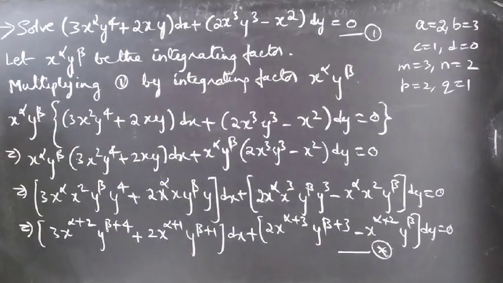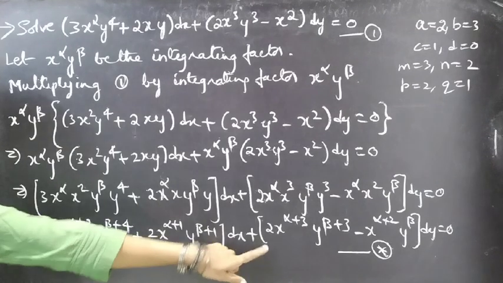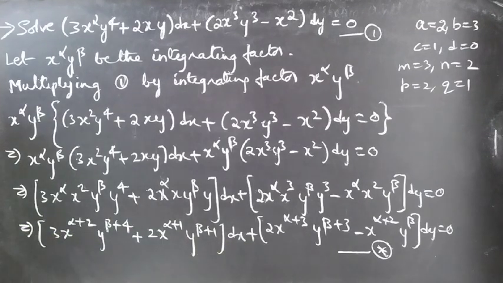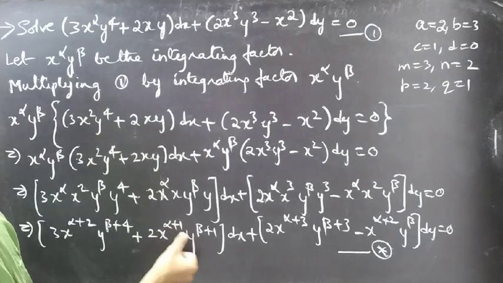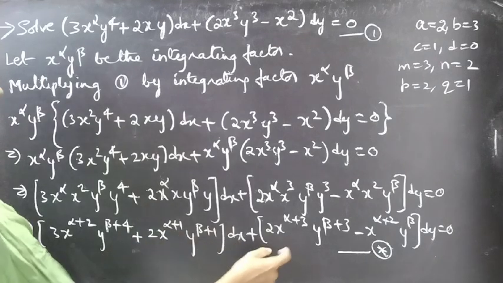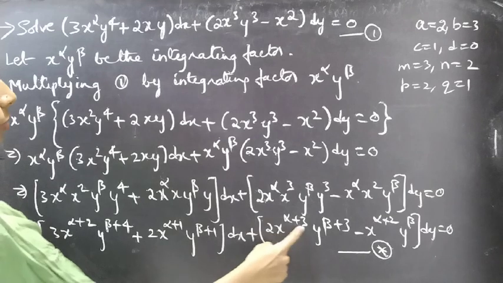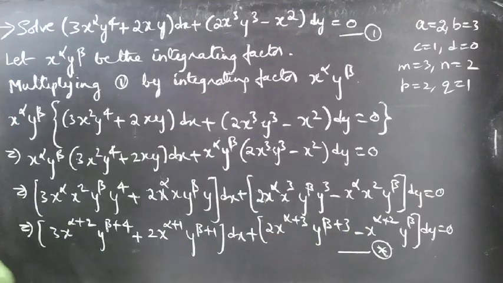Now, this equation asterisk will be exact if, see this is of M dx plus N dy equal to 0 form, right? For M equal to 3x power alpha plus 2 y power beta plus 4 plus 2x power alpha plus 1 y power beta plus 1, and for N equal to 2x power alpha plus 3 y power beta plus 3 minus x power alpha plus 2 y power beta, right?